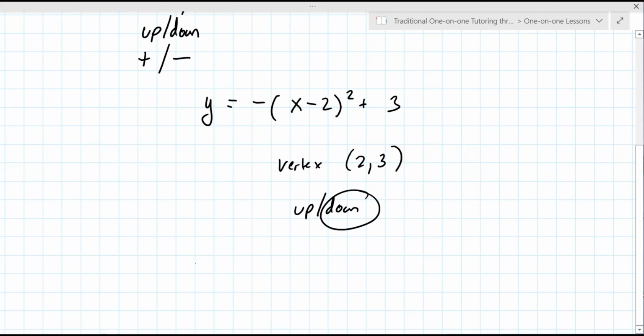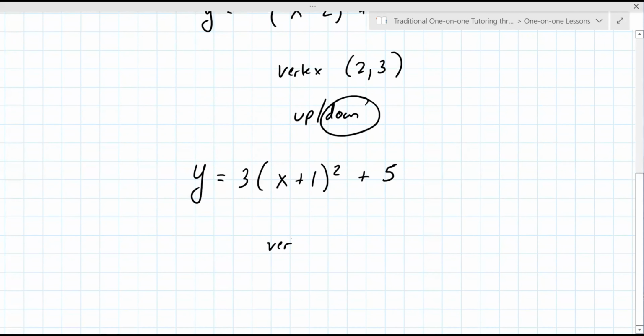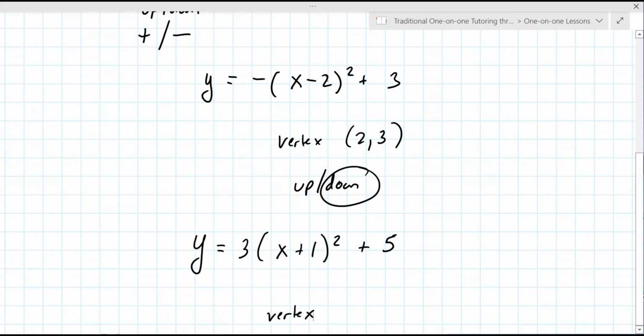Very good. Okay, so let's look at another one here. Let's say it's y equals 3(x plus 1) squared plus 5. Could you tell me the vertex of this one? (1, 5). Okay, but the part inside parentheses here is almost always opposite in sign of what's inside.